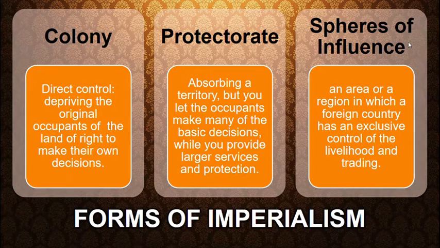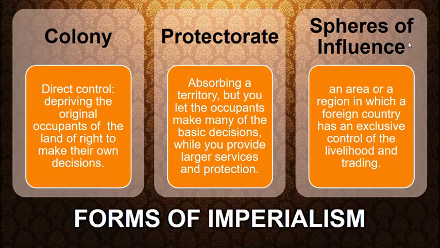Maybe an example of a sphere of influence is when China was being divided into various areas of trading ports among the European nations, no? When you had encountered China in the age of imperialism. Ganun yung nangyari sa kanila eh.